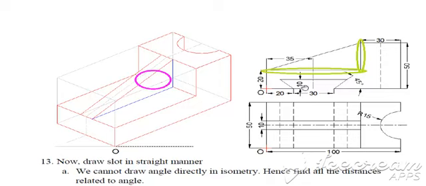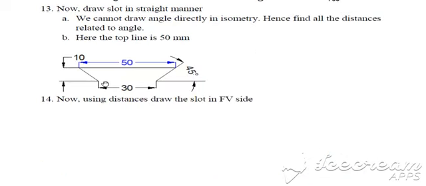Instead, you are supposed to find this top distance by using trigonometry, or you can simply draw this diagram in a two-dimensional view and measure the distances. Like here, draw this 30 mm distance, mark an angle of 45 degrees on both sides and join this. If we measure here, we find that this distance is equal to 50 mm.